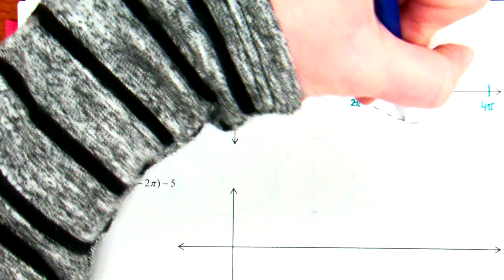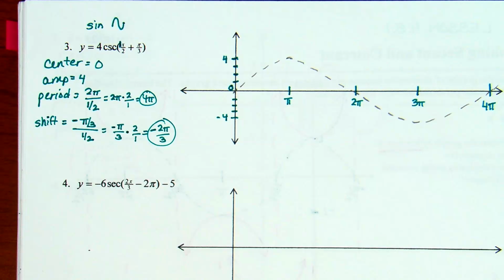I'm doing that because that's what my phase shift is. So I'm going to take each of those sections. Between 0 and pi, to break it into thirds, I need to set up 2 marks. Does that make sense? Because 2 marks will make 3 sections. Between 1 pi and 2 pi, 3 sections, or in other words, 2 marks.